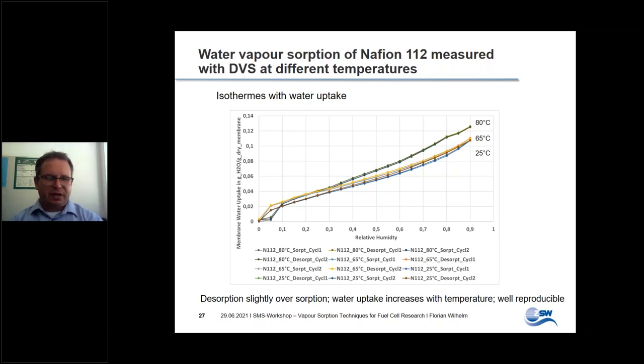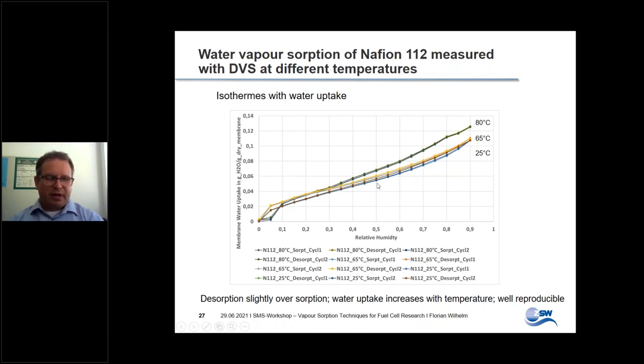This material is thicker than fuel cell material today, but still often used as a reference. And as you can see, there is a real clear difference between 80 degrees and 25 degrees, whereas at 65 degrees, so to say an intermediate temperature, the difference between the isotherms measured is not that big.